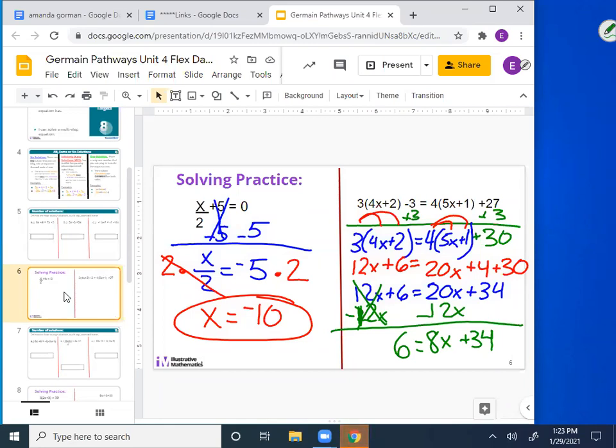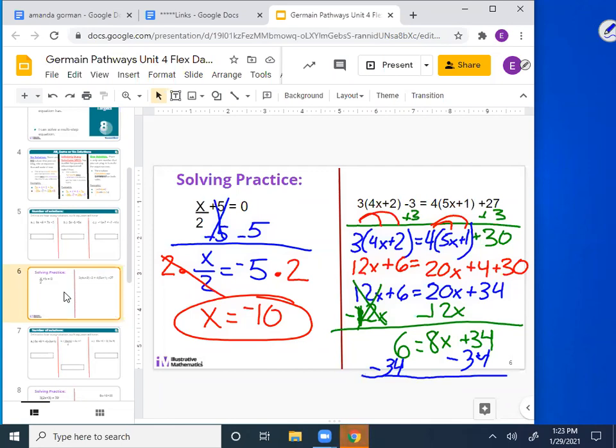How am I going to move that constant? What do you think, Billy? Divide. We're not going to divide yet because we need to move the constant first. We undo this 8 after. We have to move this 34 first. So how do I move that 34? Subtract. Very good. Subtract 34 from each side.